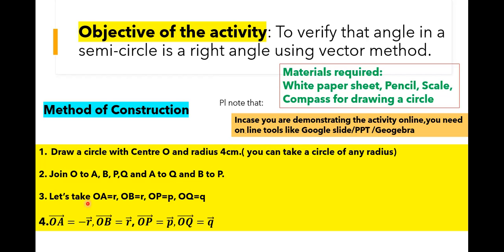Let us take length of OA as R. So OB equal to R, OP equal to P, and OQ equal to Q. Okay, it means OA vector is minus R vector because we are taking OB vector as R vector. And let us take OP vector as P vector, OQ as Q vector.